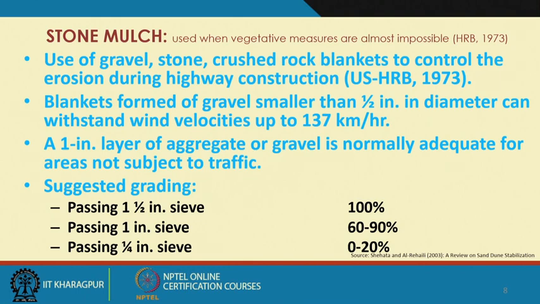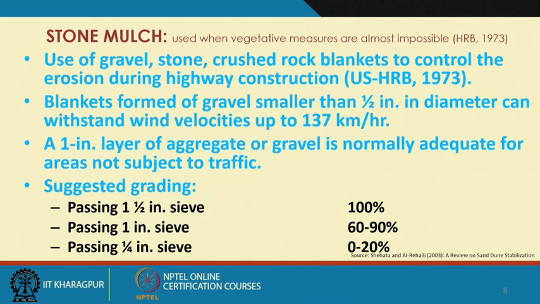Then use of chemical stabilizers which favor the bonding between soil grain particles. Then biological crusting, or covering the upper layer of soil with different covers such as plastic, nets and geotextiles. Okay, so let us see what stone mulch is.